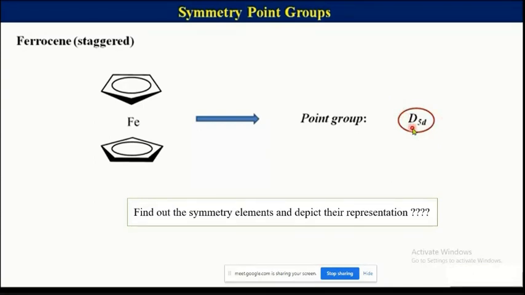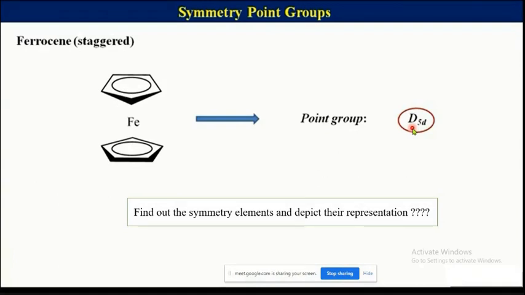But I would insist you find out all the symmetry elements related to the staggered ferrocene, and similarly you need to work out the eclipsed configuration as well. I have shown here the point group is D5d, but it's homework for you to find out the symmetry elements which are present in staggered, and the point group of eclipsed along with its symmetry elements.